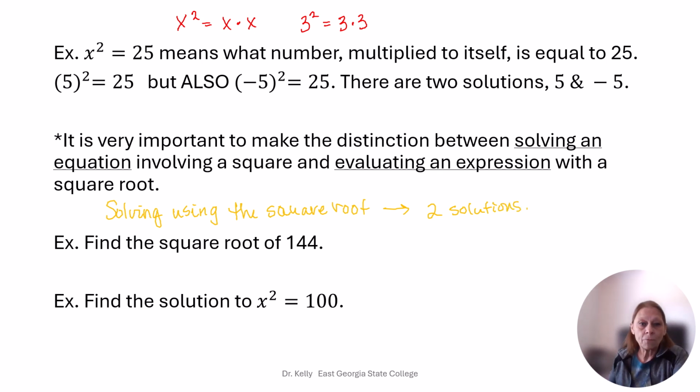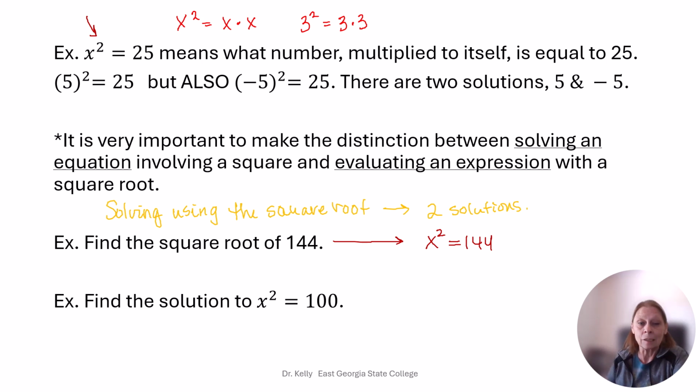All right, so our first one, we need to set up the equation. It says find the square root of 144, and to do that we set up the equation of something squared is equal to 144. Now this is similar to this equation that I've written up here, and so we're already getting the idea.